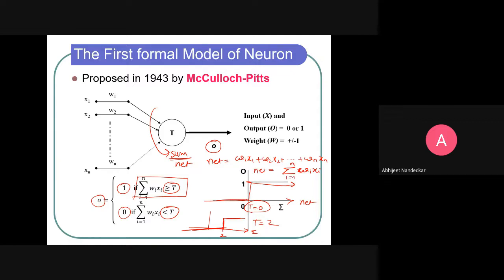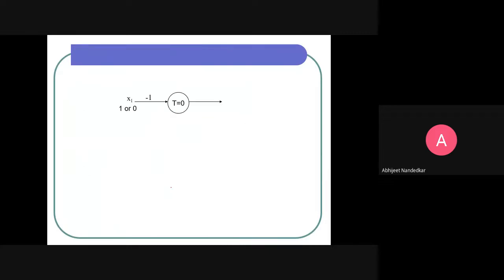So this is my net. Okay, so we compare this net value with the threshold kept here. If it is more than that, you will fire and produce 1, otherwise it will produce 0. So this was the simplest implementation of an actual biological neuron in the form of an artificial neuron. Now let us take this simple neuron.